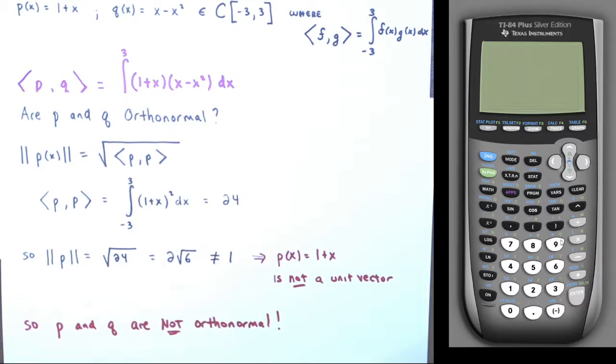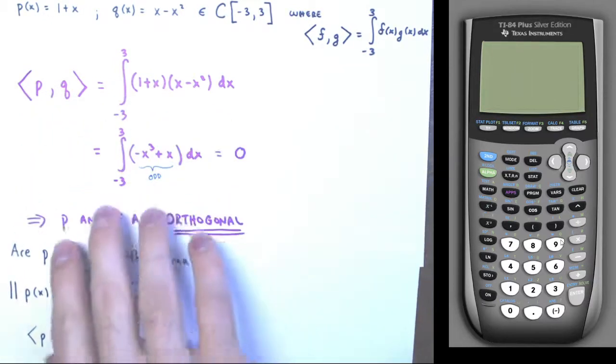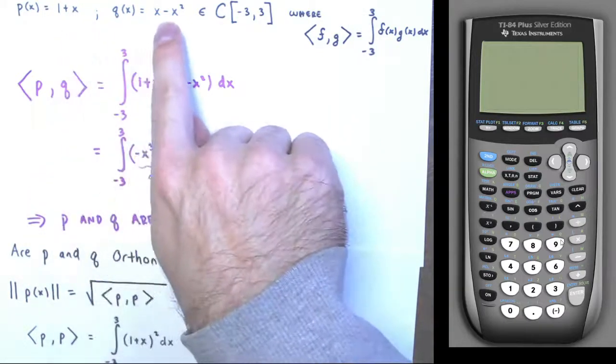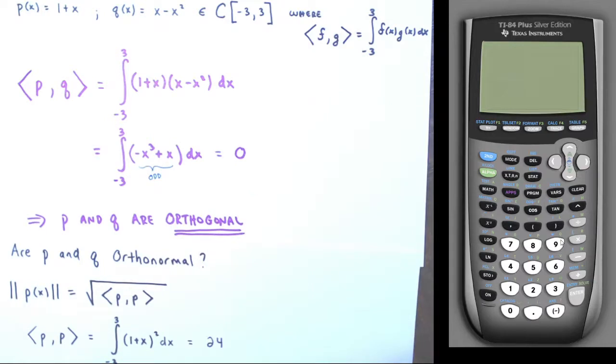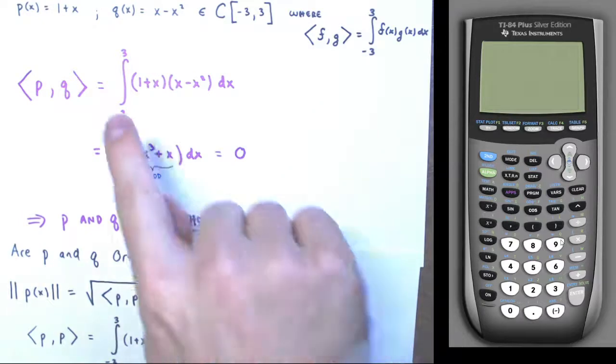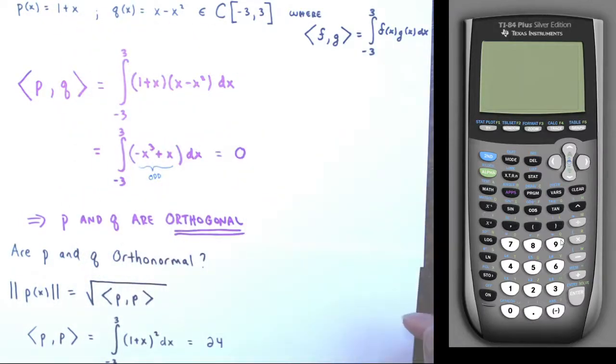But like earlier, what if I said, okay, I know that they're orthogonal, right? I know that these two polynomials here are orthogonal under this inner product. What if I wanted other functions that were orthonormal and in the same direction as P and Q?